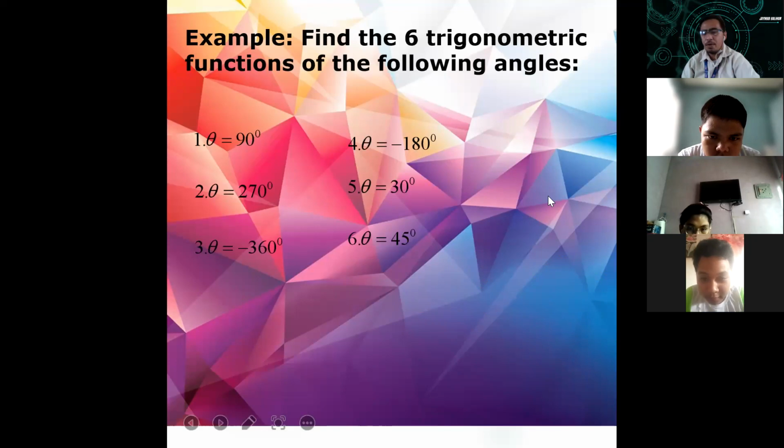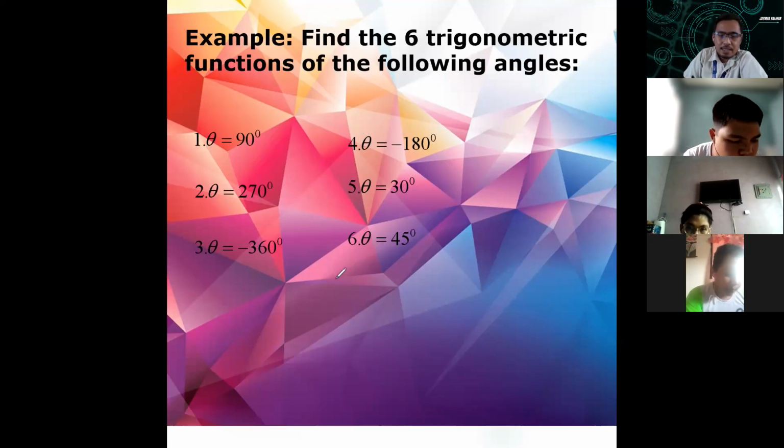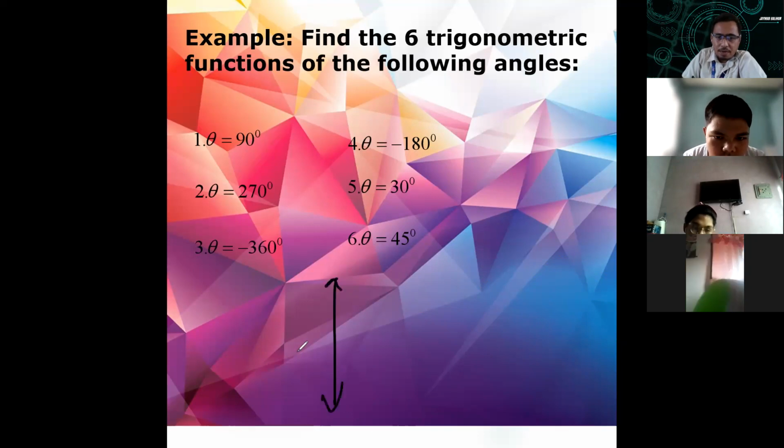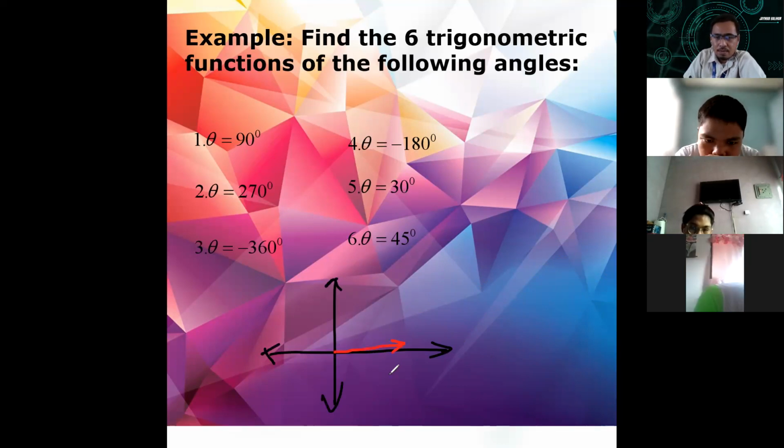How about 45 degrees? If we draw the 45 degrees, it must look like this one. You know, initial ray, positive 45, so this must be here. This is 45 degrees. And your terminal point on the unit circle must fall somewhere here.